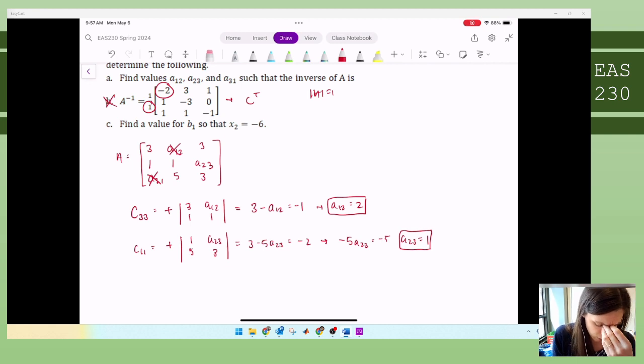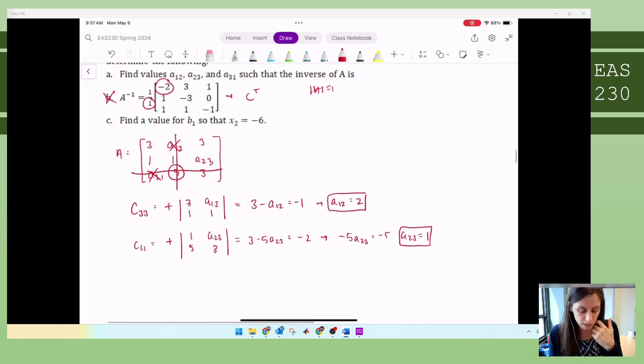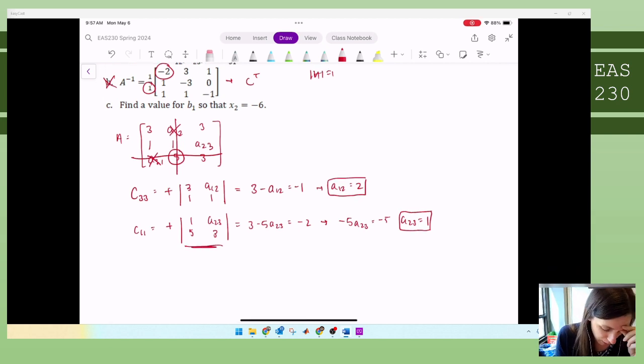Last one, I want to find this one, which means let's do this cofactor. Remove the row, remove the column. You can see the cofactors I'm picking give me my submatrix there, so it only has one of my unknowns. Here I have cofactor 3,2, and that's going to be a minus sign out front.